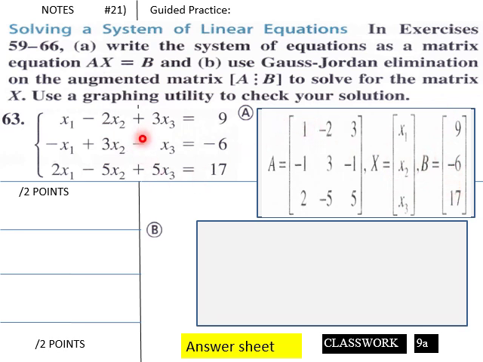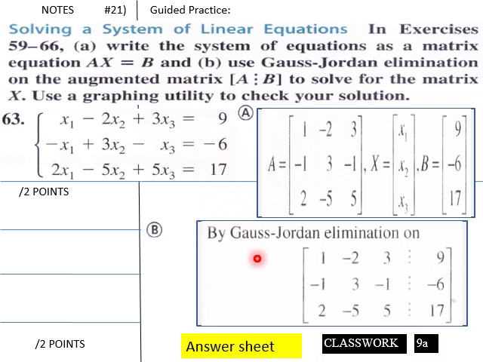So we get to here from here. So that would be the A part of our example. And then B, by Gauss-Jordan elimination, we have 1, -2, 3 equals 9; -1, 3, -1 equals 6; 2, -5, 5 equals 17.